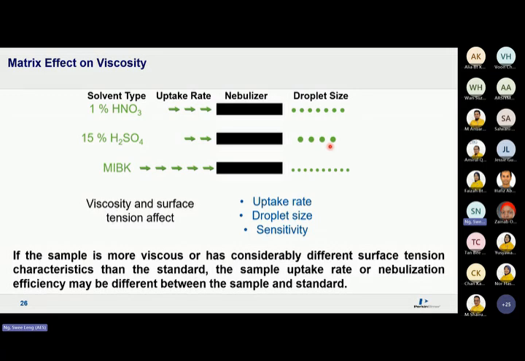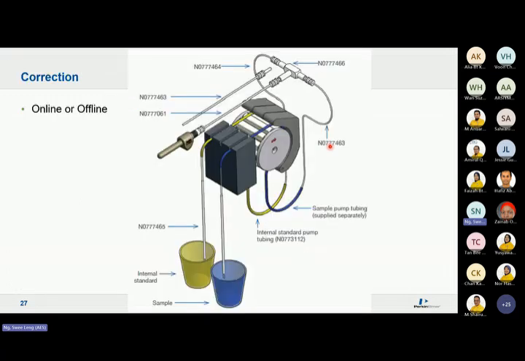Most of the time, if you are using AA, you will use the method of standard addition to overcome this physical and matrix effect. But if you are in ICP-MS and ICP-OES, then the way you correct it is to use an internal standard. The internal standard can be used online or offline.